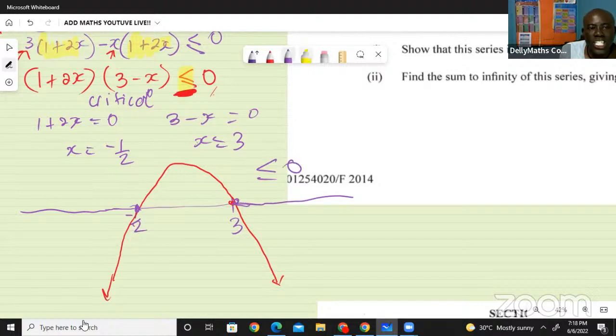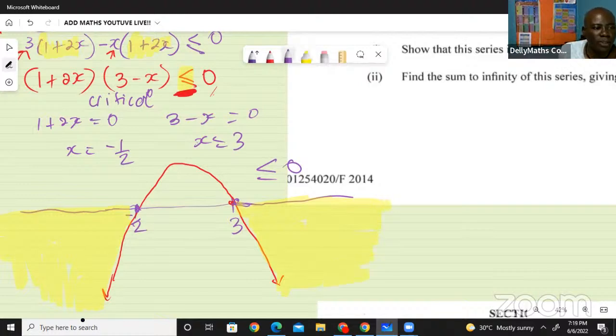So then I'll shade the area for us. Would you agree that this area continues to infinity? The curve would have been under the 0 line, which means that it is less than. Also, if I come to the right of +3, the curve would have been less than 0 because I'm going underneath the 0 line.